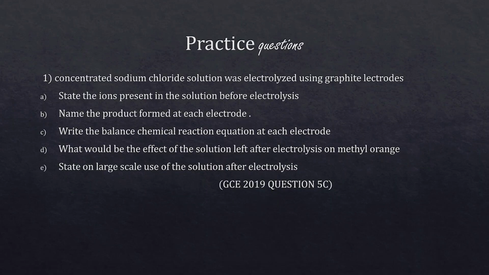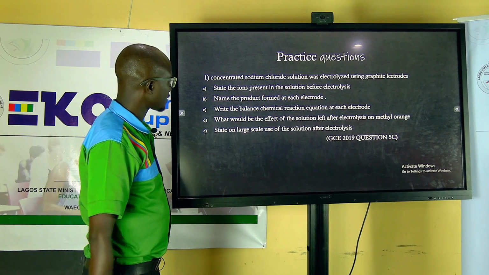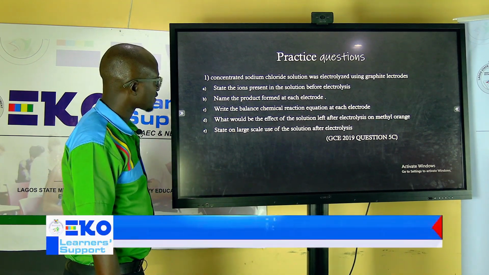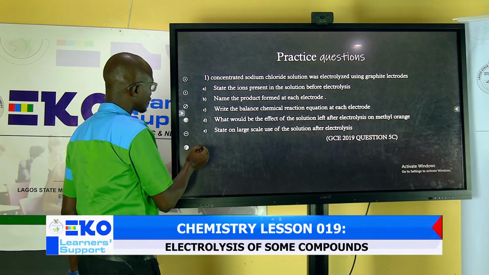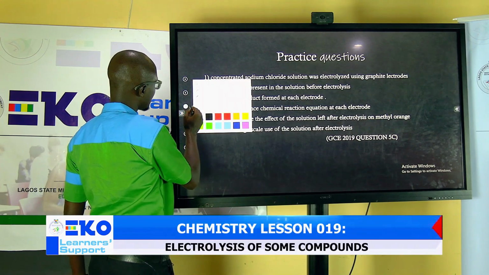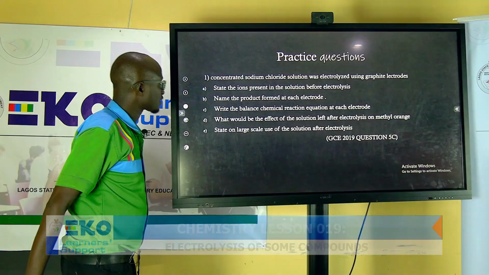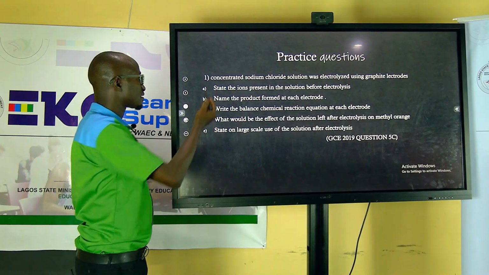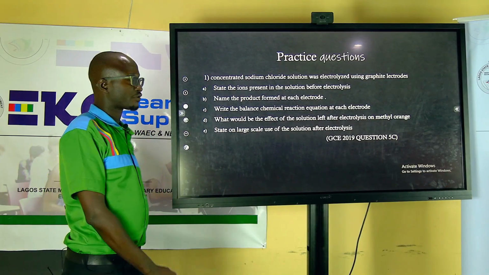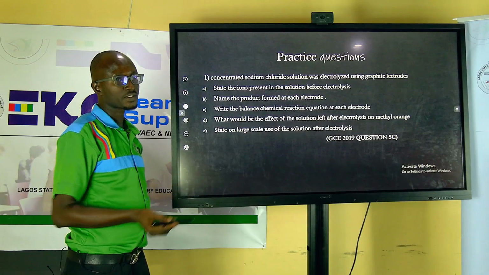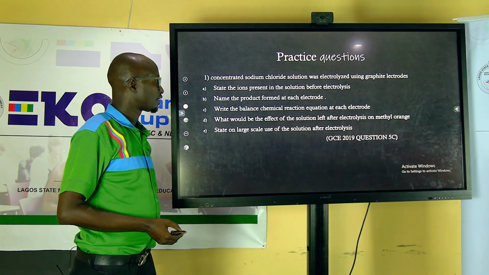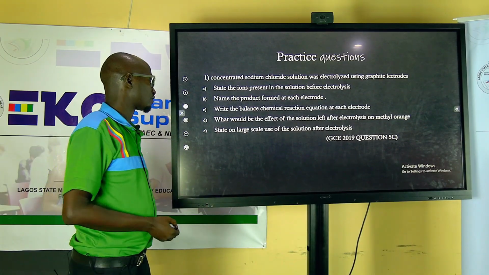The first question says concentrated sodium chloride solution was electrolyzed using graphite electrodes. Now this is a question, 5C. We're asked to state the ions present in the solution before electrolysis. This is exactly what we did, electrolysis of brine. So we have done it. I believe our students at home all got it.